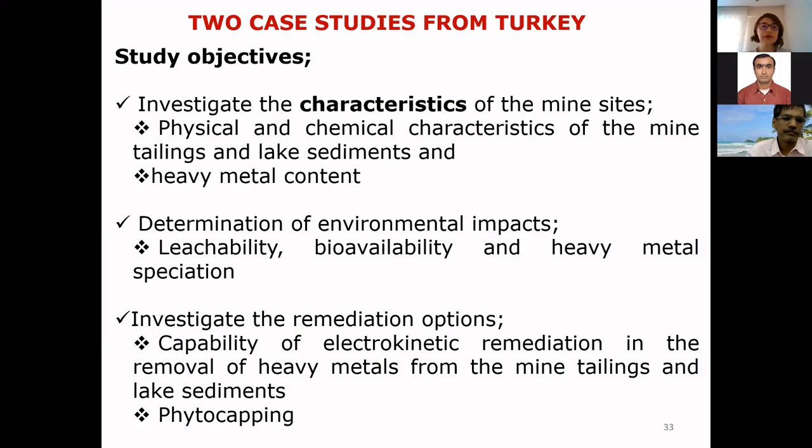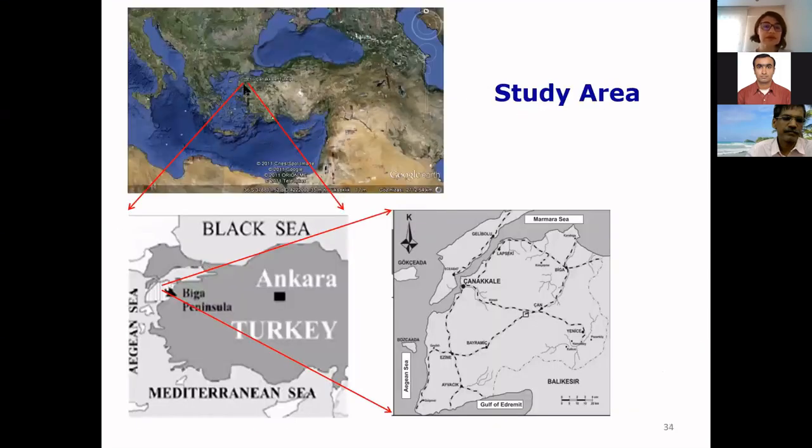Our study area is located in the northwest of Turkey, in Biga Peninsula, in Çanakkale. Maybe most of you know it here as Troya from the movie. And this is our first project area.